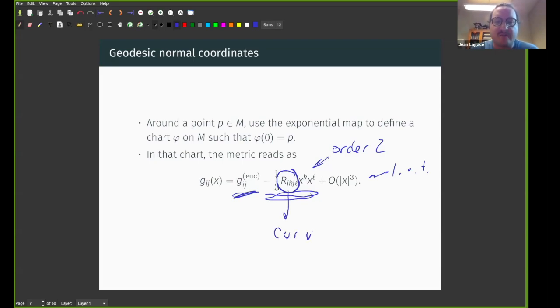This is the curvature. These coordinates also tell us this somewhat intuitive property that the deviation at second order from Euclidean space is completely governed by the curvature of our manifold. And it is not the case that in any old coordinates the metric will look like this. In most choices of coordinates we will have first order terms, but we can make a specific choice that will reveal exactly in which way the space that we're looking at is Euclidean.